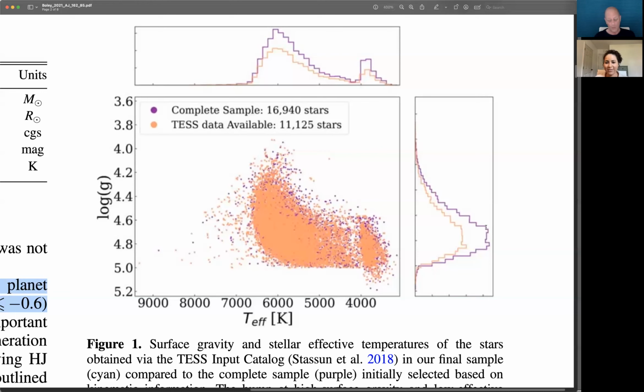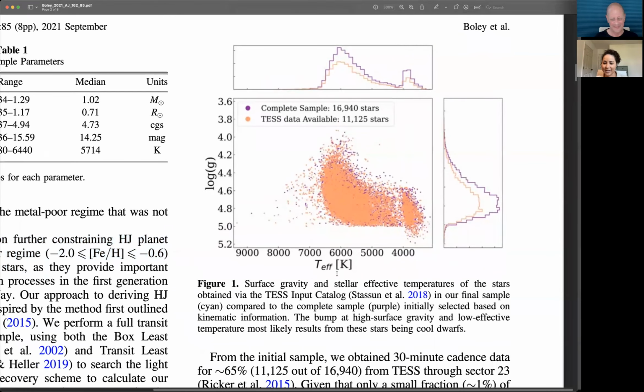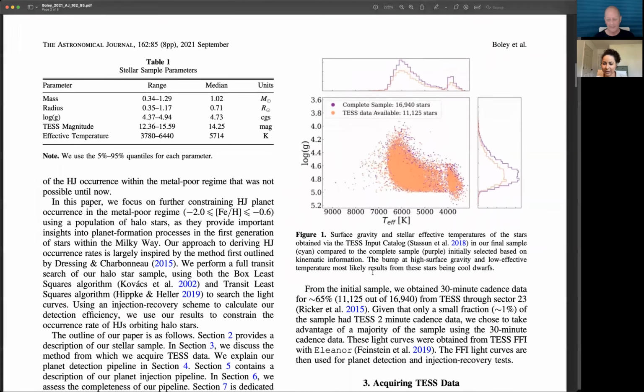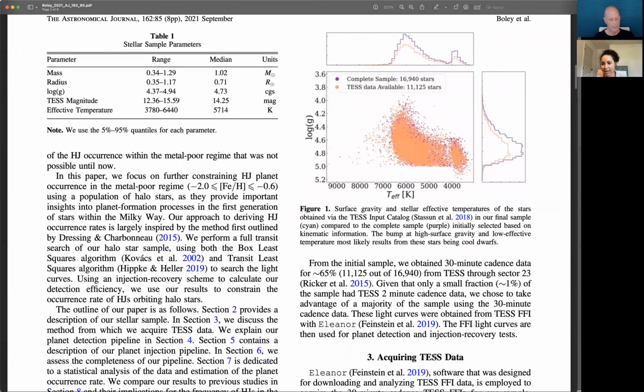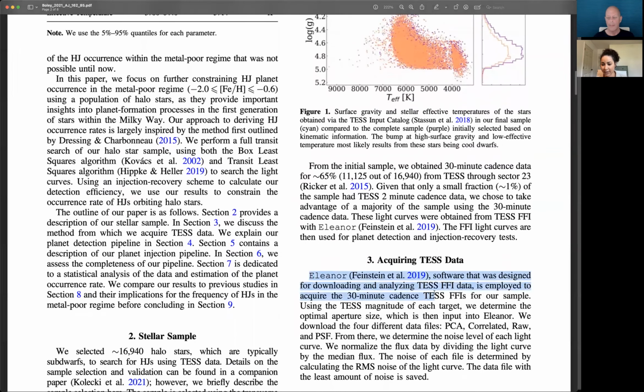So we used a software called Eleanor, which is pretty famous now. It was created by Adina Feinstein, and she's phenomenal. We used Eleanor to extract light curves from the FFI data that was available.